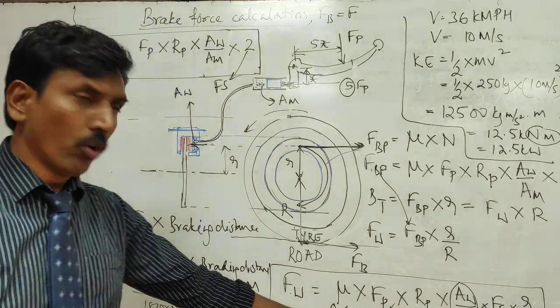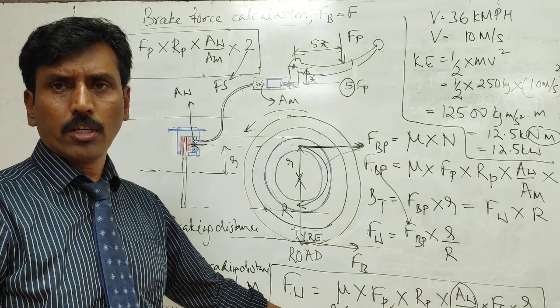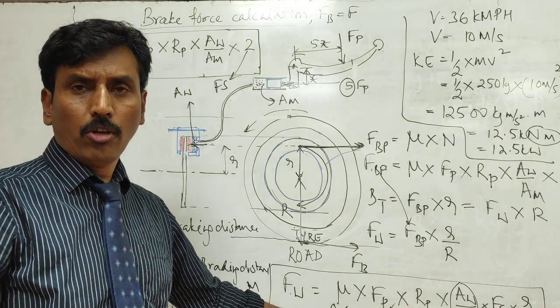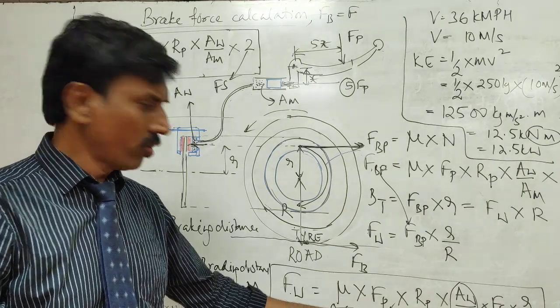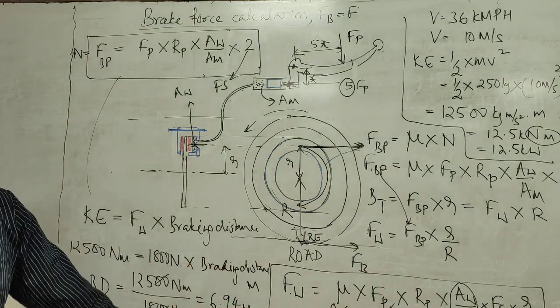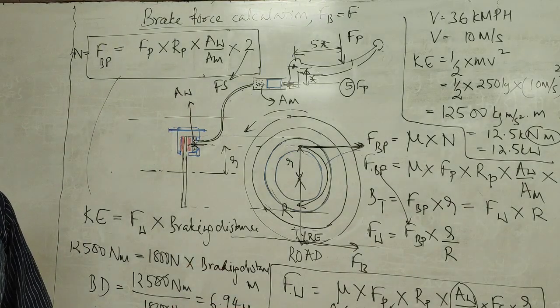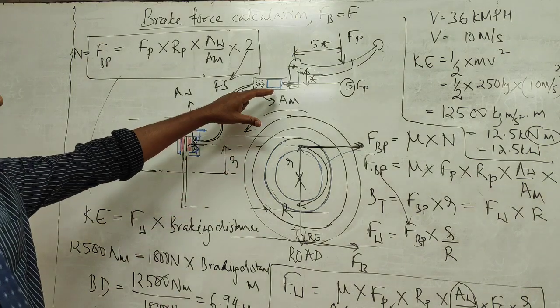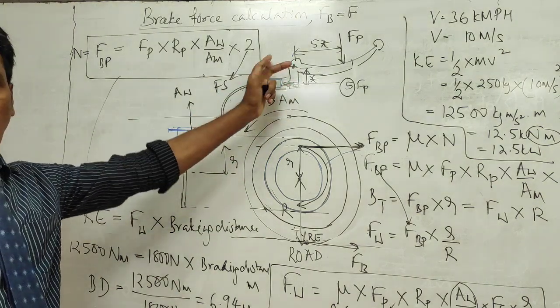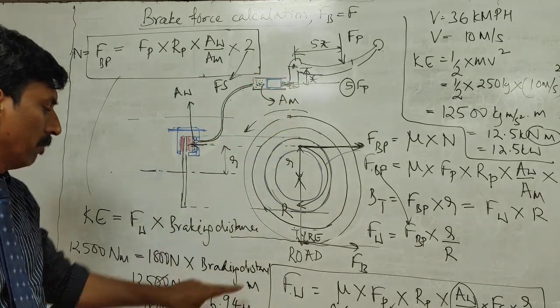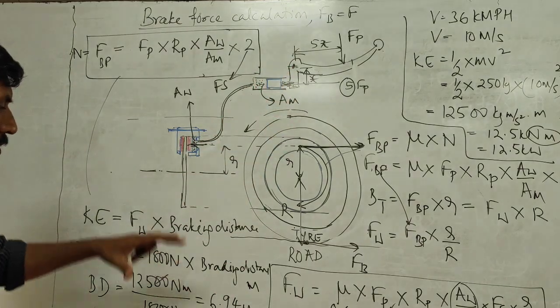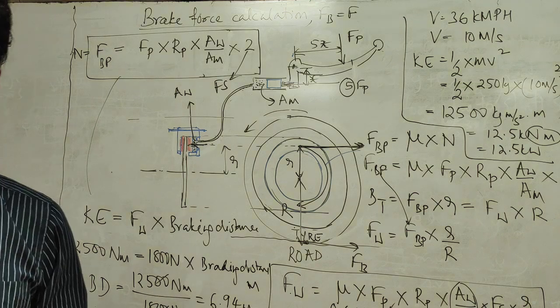Suppose you apply more force, suppose you double the force, instead of 3 kgs you apply 6 kgs of force, definitely this value will be half of it. If you want faster braking, you will apply more force with your finger. Otherwise, whatever values you have taken may be slightly tweaked so that you can get a better braking distance. So this is the way the braking distance is calculated.